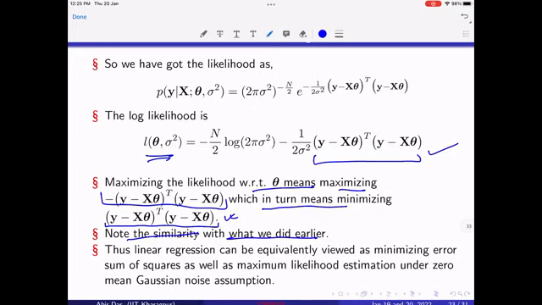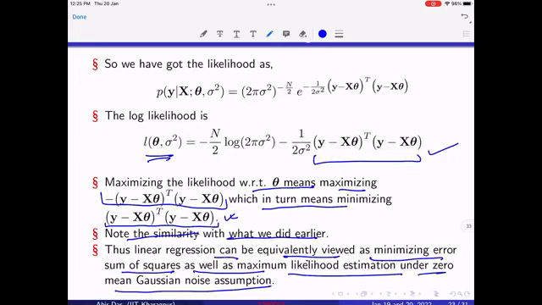Thus linear regression can be equivalently viewed as minimizing the error sum of squares as well as maximum likelihood estimation under the zero mean Gaussian noise assumption. So it is not that linear regression can be thought of as maximum likelihood estimation under a Laplace distribution, as you said, or some other distribution, or maybe some other model which is not linear.